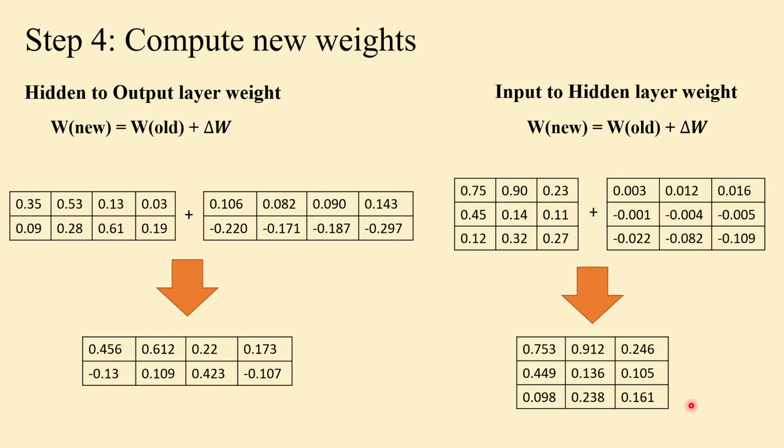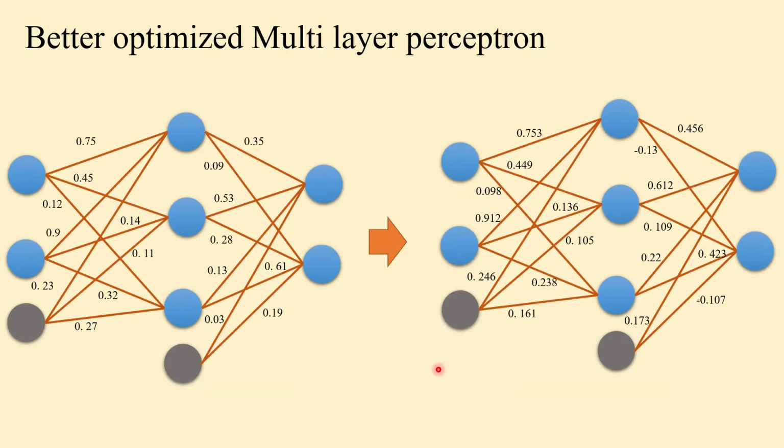So the new set of weights will become, initially it was like this, that will now change to the weights something like this. And now the next pattern you are going to fit, and again it will go through to the set of outputs. Depending on that, some error will be calculated, and ultimately again the weights will change.